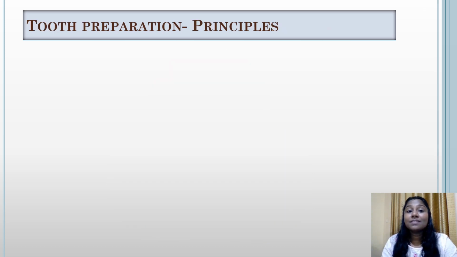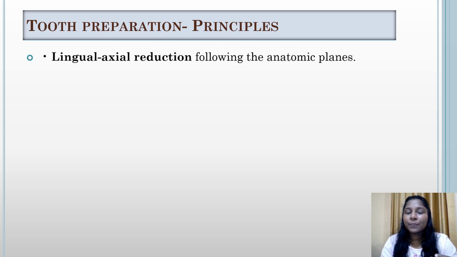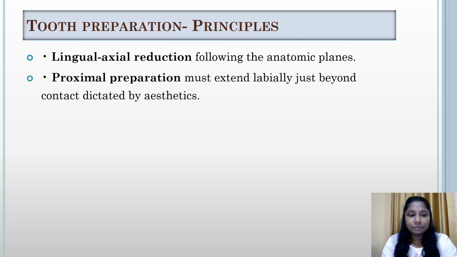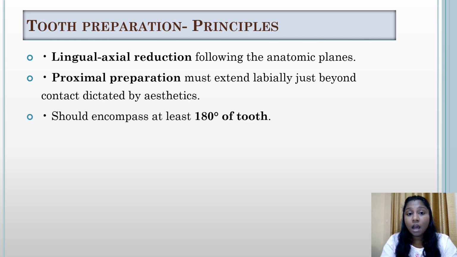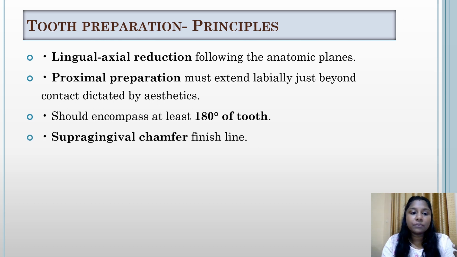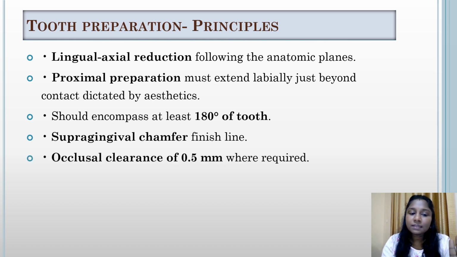So now let's see the principles of tooth preparation in resin bonded bridges. The lingual axial reduction should follow the anatomic planes. The proximal preparation must extend labially, and how much we extend it is dictated by aesthetics. It should encompass 180 degrees of the tooth, and we usually restrict it to supragingival margins.